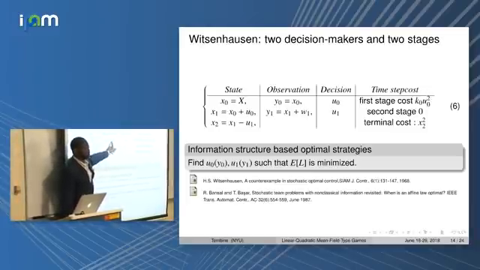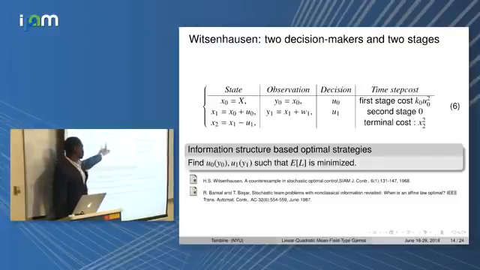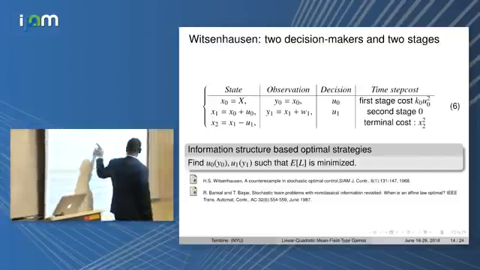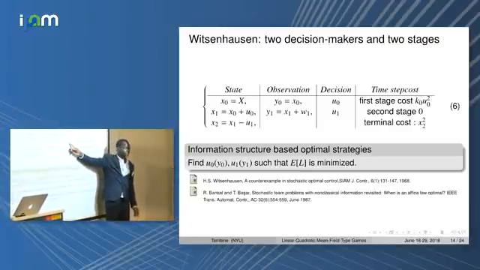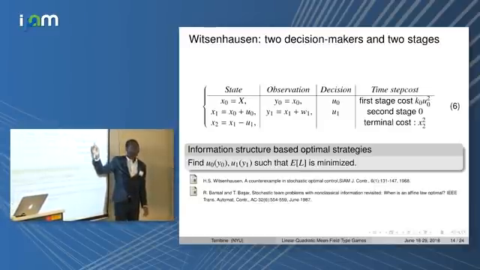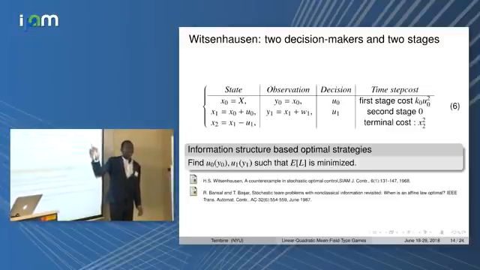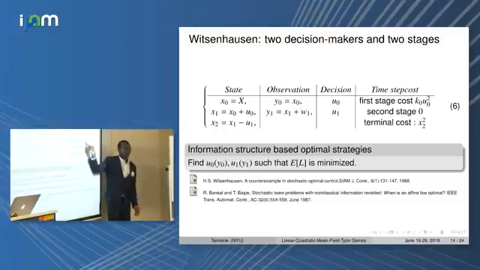Okay, y is the observation. So x is the realization, y equal to x naught means you observe the state and you decide u naught. That's the first stage. After deciding, you get this cost to pay. Okay, a positive number times u naught squared, quadratic, right?